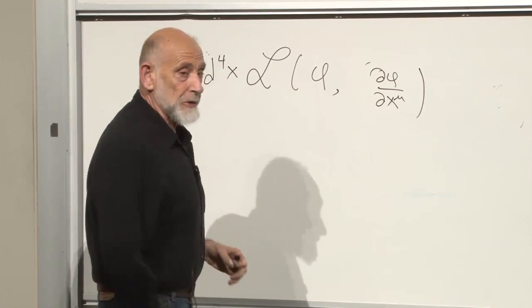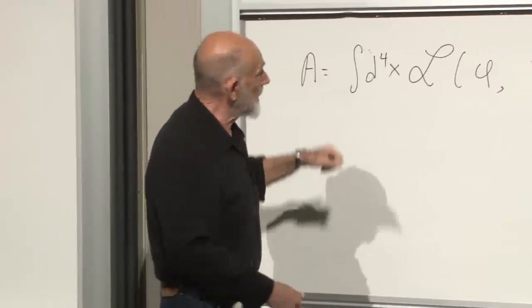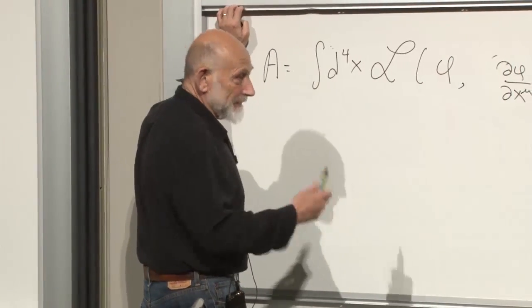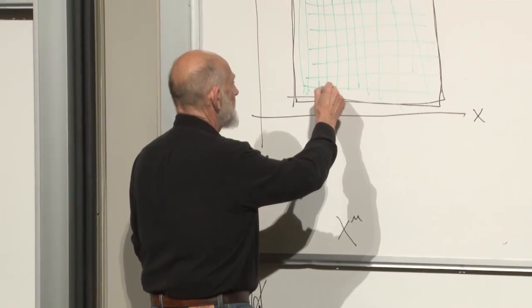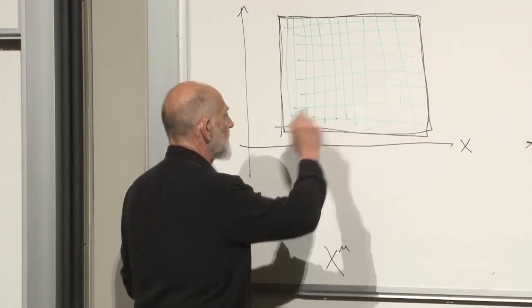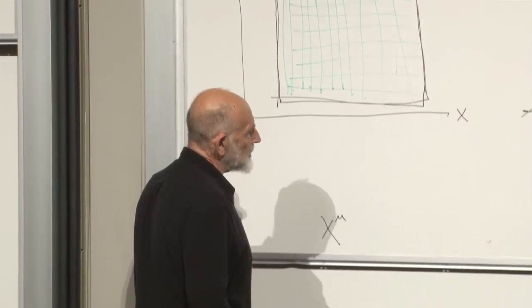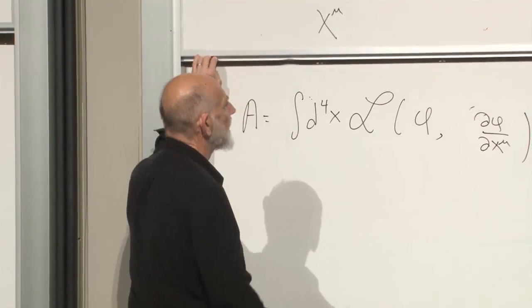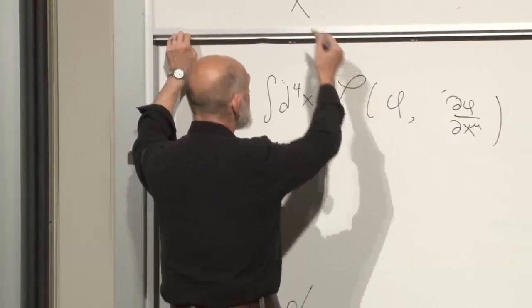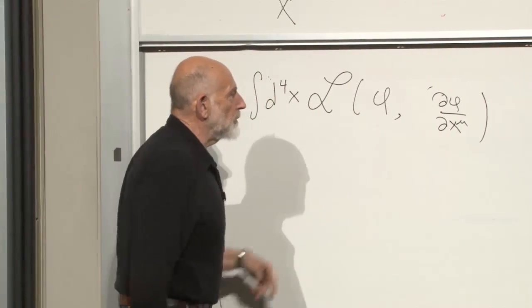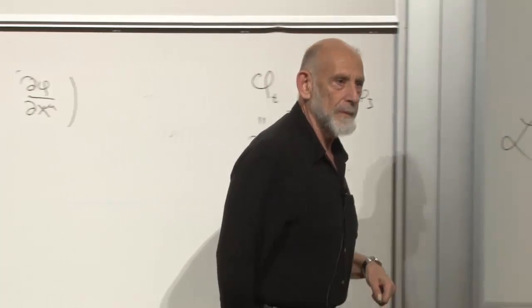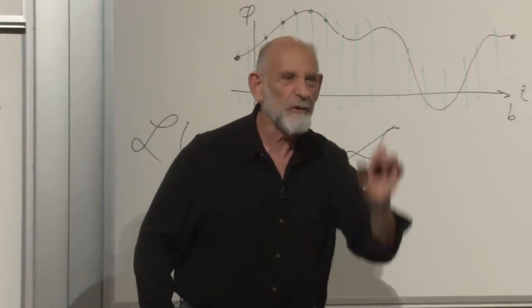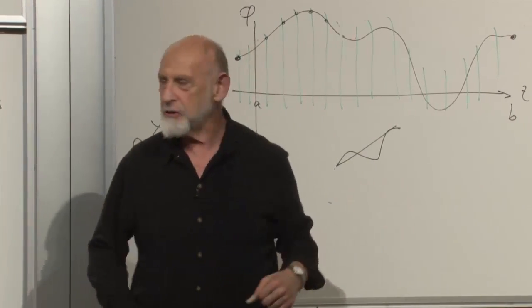If we replace the space and time by a grid like this, let's just think about how we would do it in practice. We would replace the space-time by the grid of points. We would replace the Lagrangian. It would depend on phi at each point. But what would we replace d phi by dx with? Little differences. All right?